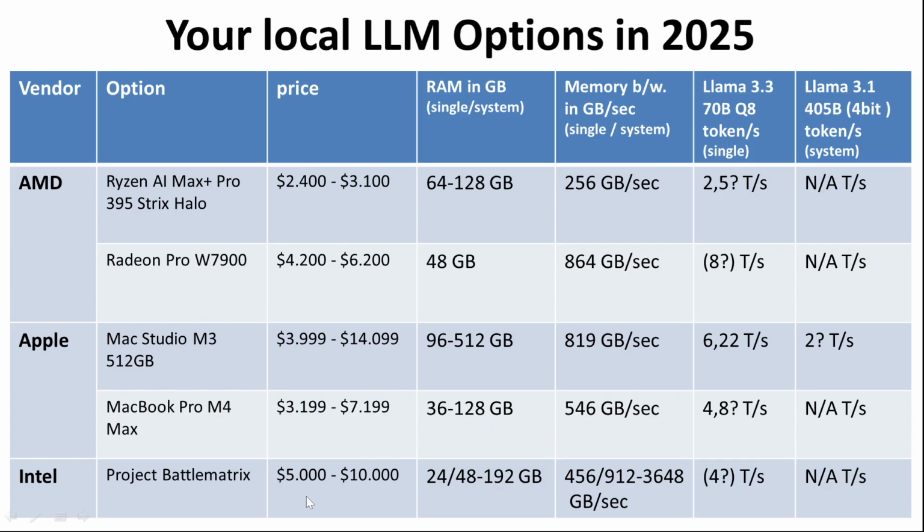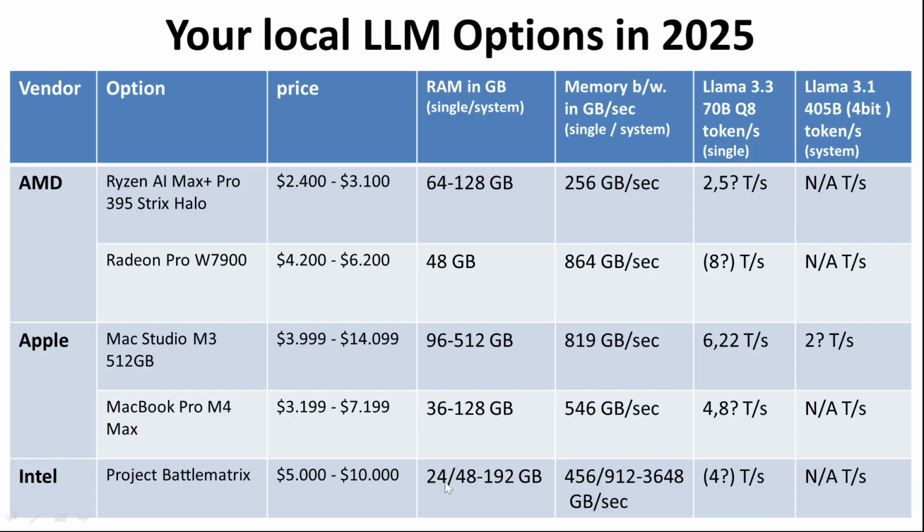The Battlematrix comes in at roughly 4 tokens per second for the Llama if it's distributed. The big advantage of it is that it can do this really huge 3648 gigabytes per second. Same as if you cluster the Radeon Pro W7900 and so on.